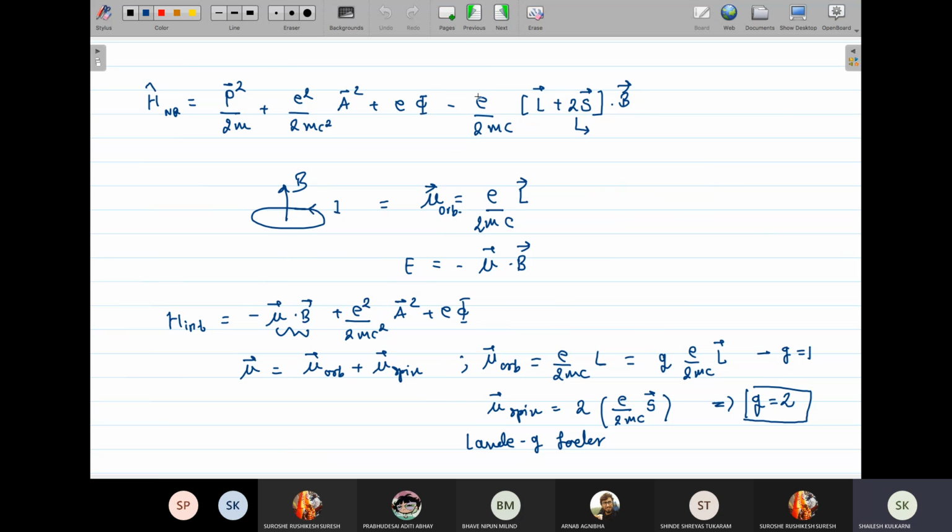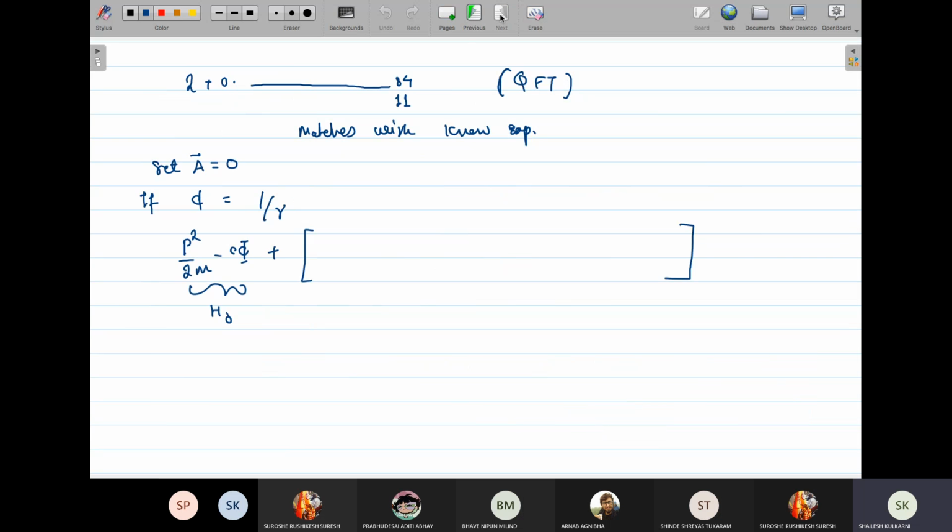Now I am changing the problem. I am setting the vector potential to 0 and phi to be 1 over r. So what I will get here is a correction, p to the power 4 divided by 2mc square.